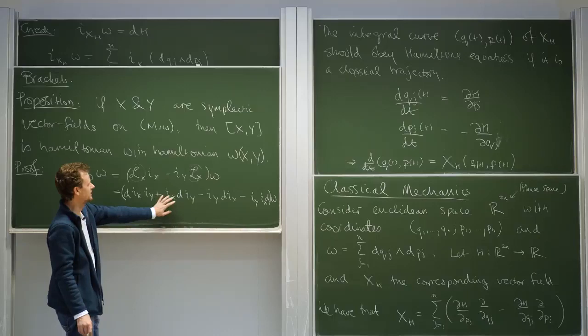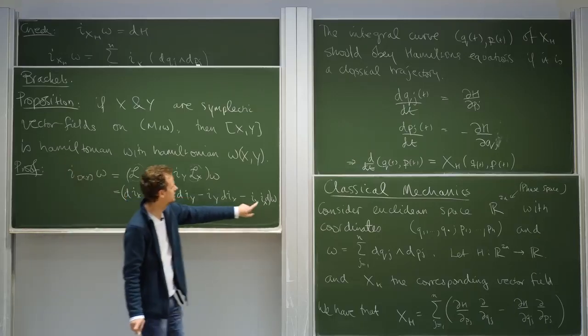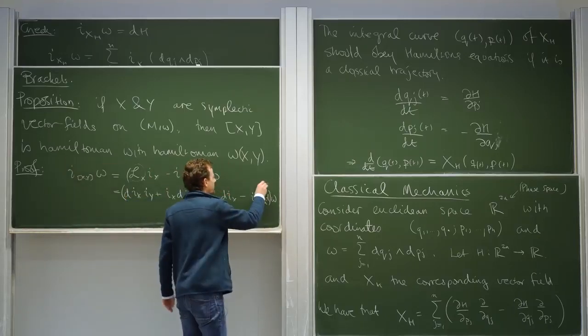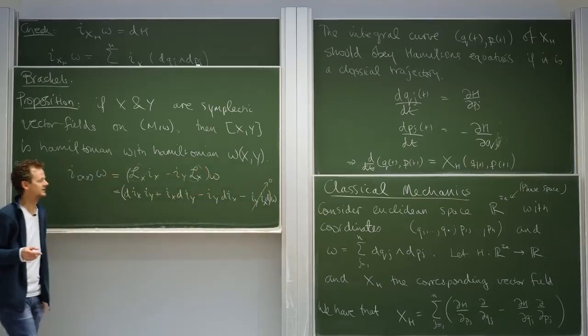And then we see some really nice things happening right here. First of all, d of omega is 0. So that's gone.